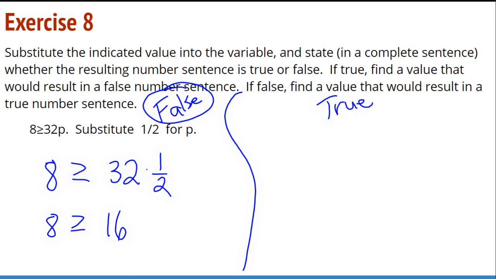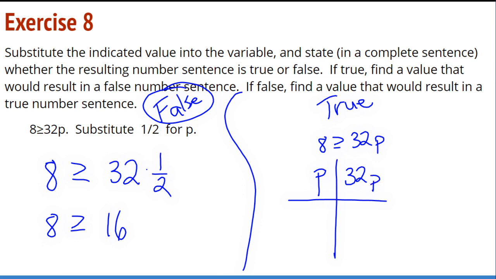So I need to multiply 32 by something so that 8 can be greater. So 8 is greater than or equal to 32p. I've got p here, 32. So I multiplied by half and the number was too big. If I multiply by 1, the number's still too big.